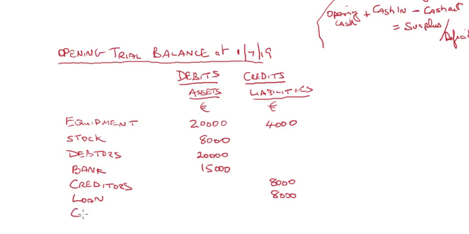The only other figure in the balance sheet, the only other closing balance, is the closing balance of capital, and we worked that out to be 43,000. I'm just getting these figures straight from the balance sheet of the previous year, the balance sheet on the 30th of June 2019, and this is the opening situation for the second year.